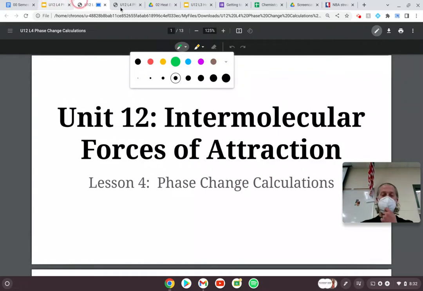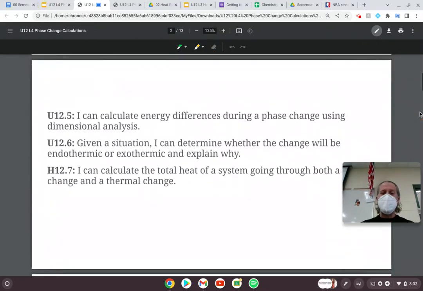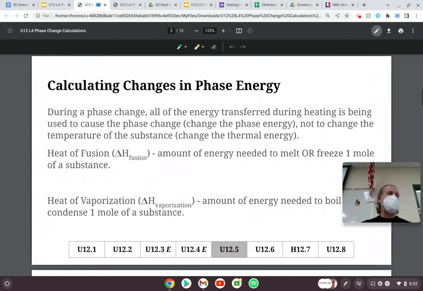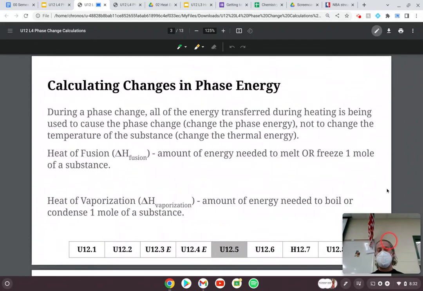Anywho, we're going to talk about phase change calculations in this lesson, and in order to talk about phase change calculations, we need to go back in time and focus a little bit more on energy and phase change in general.